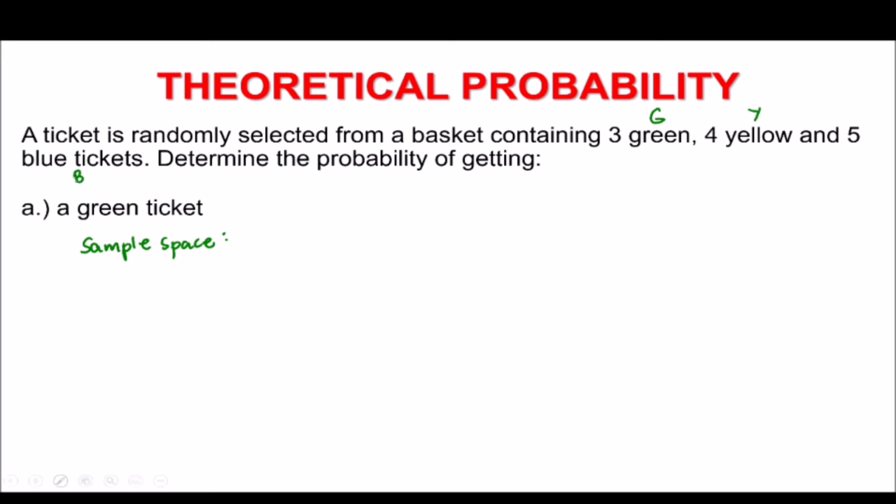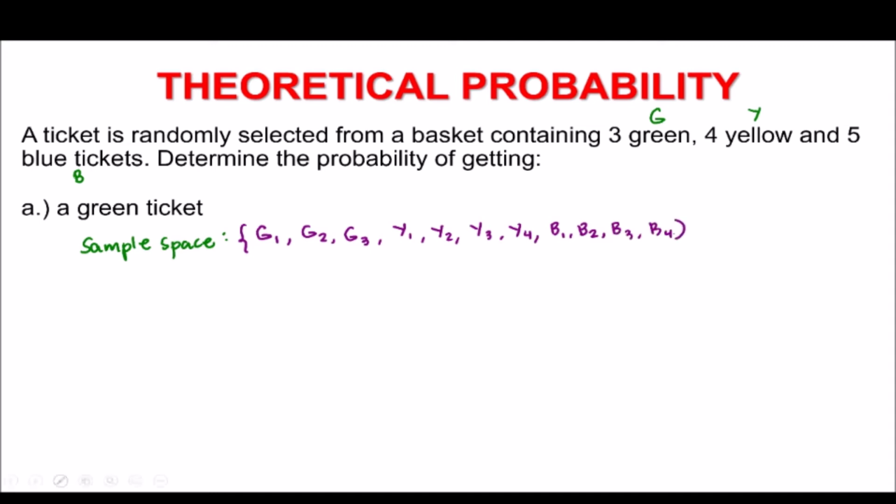So my sample space will be G1, G2, G3, since we have three greens. And then for yellow, I'll have Y1, Y2, Y3, Y4. Then for blue, B1, B2, B3, B4.